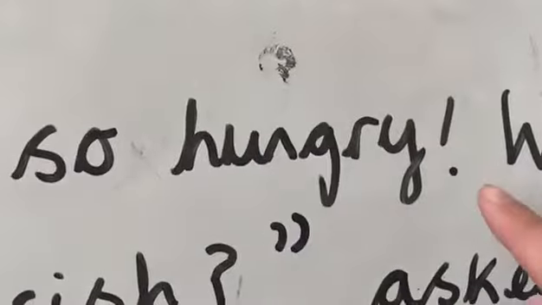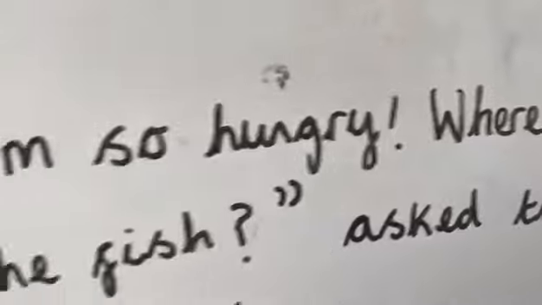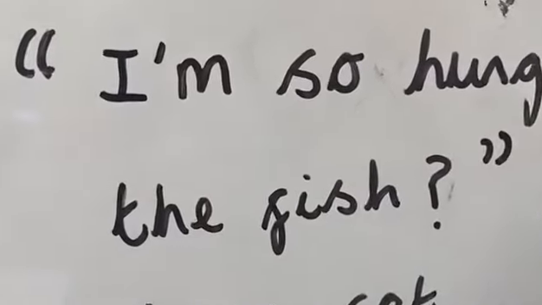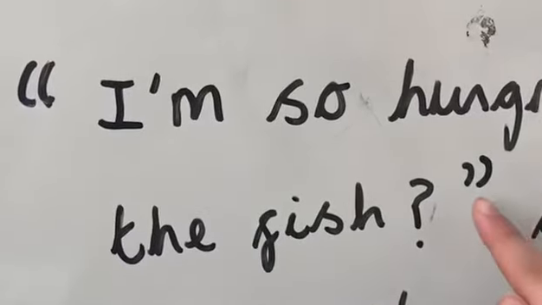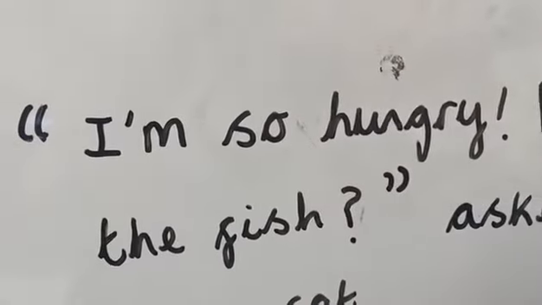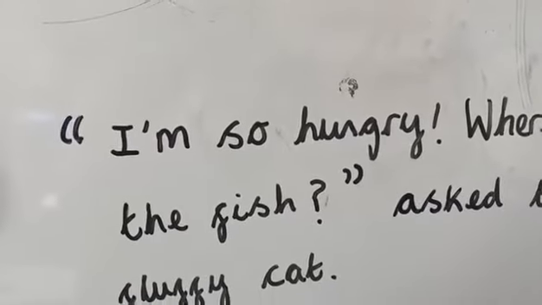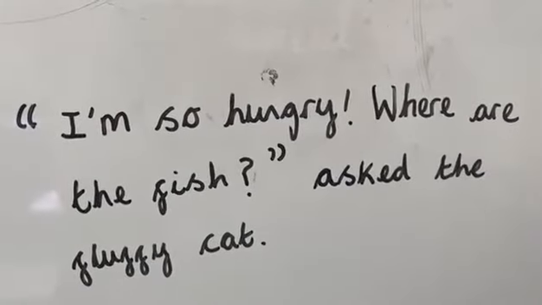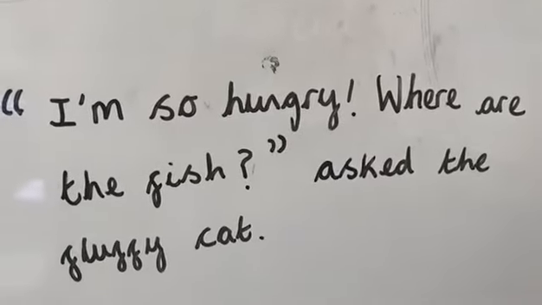And I've also got my capital letters, which is really important. "Where are the fish?" Now I've got a question mark here because he's asking a question, and then I've got my closing speech marks. It's always really important to include your punctuation inside the speech marks, not outside. Then I've got the word asked, because that is what he's doing. He's asking a question. Asked the fluffy cat.